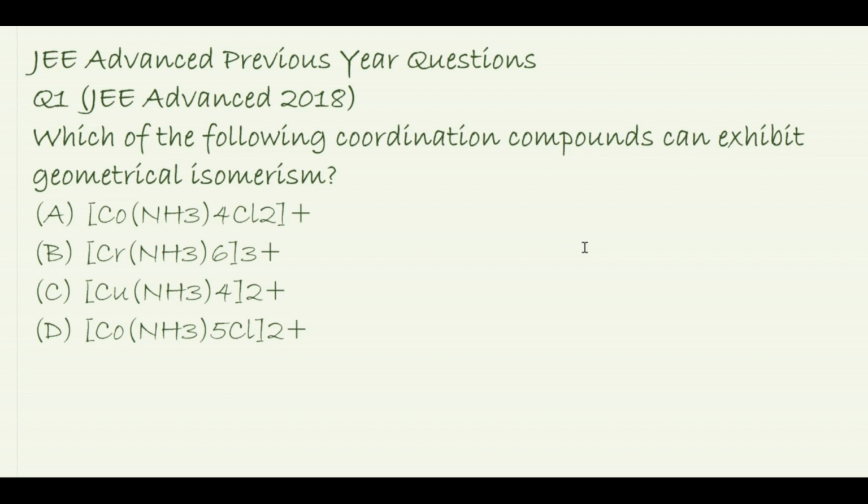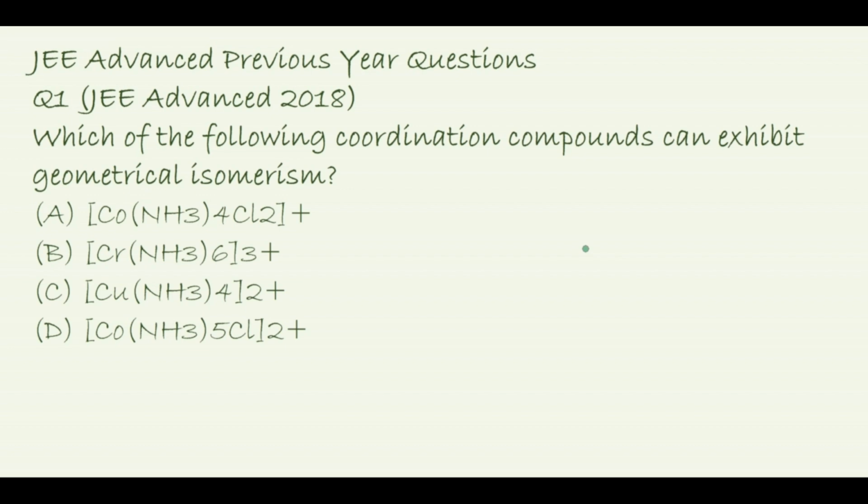The first question, asked in JEE Advanced 2018: which of the following coordination compounds can exhibit geometrical isomerism? I told you it is only suitable for square planar and octahedral.